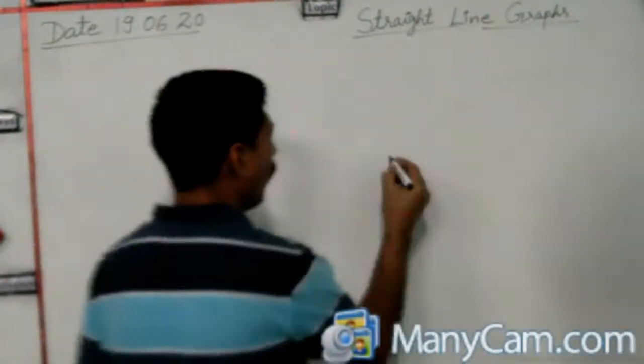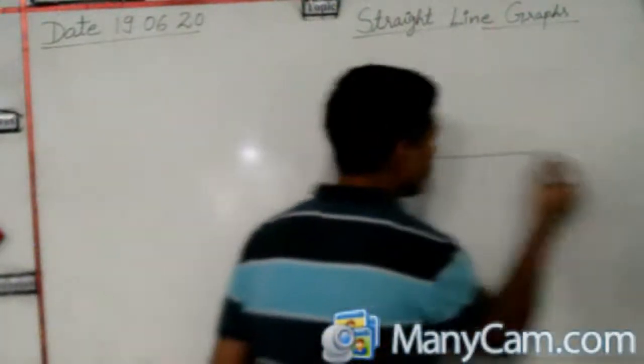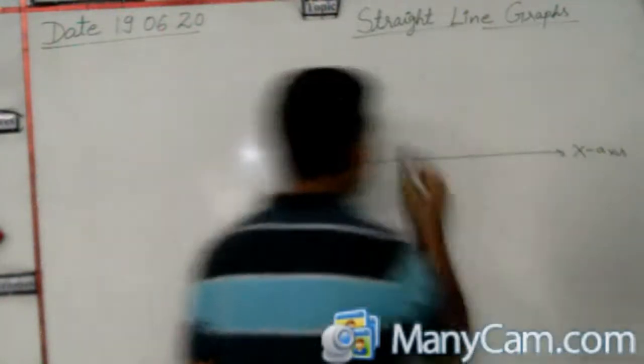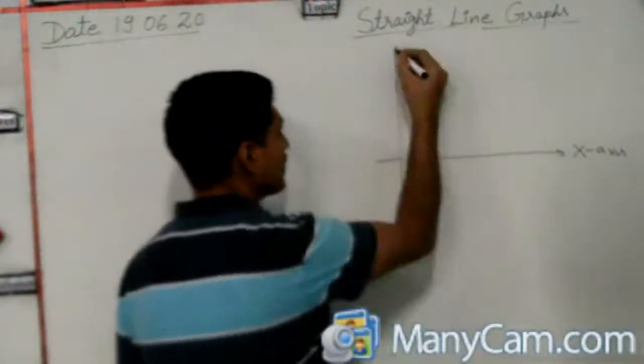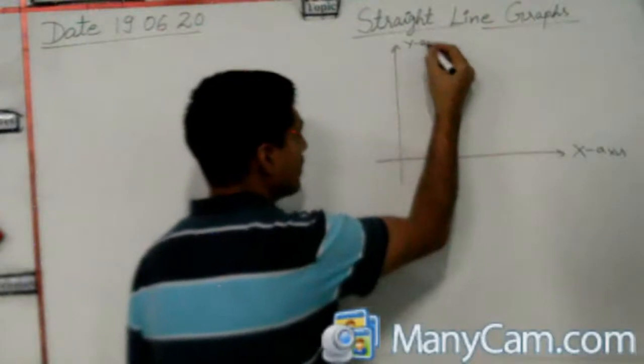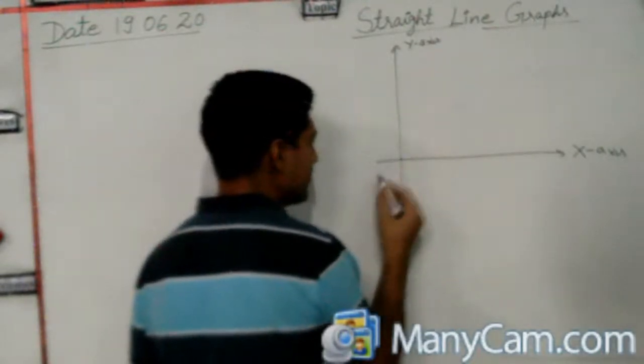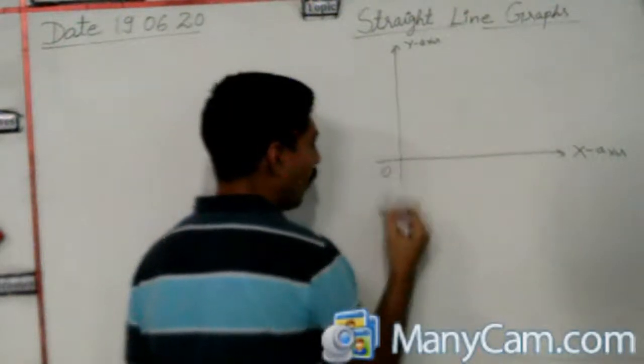So we generally start with the horizontal axis, that is the x axis, and the vertical axis, that is the y axis, and where both these intersect, that point is called origin.